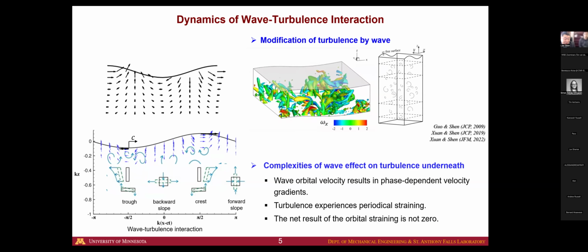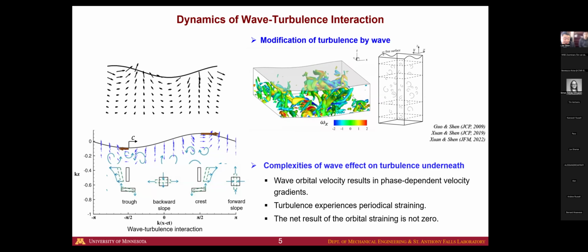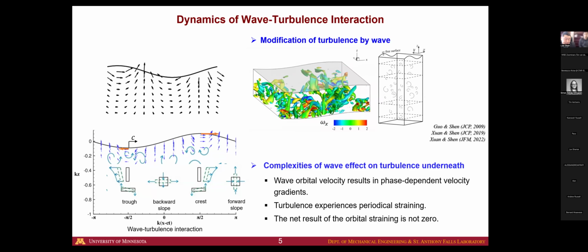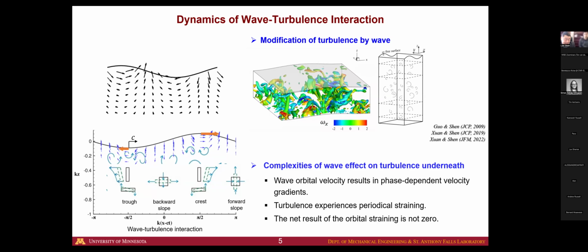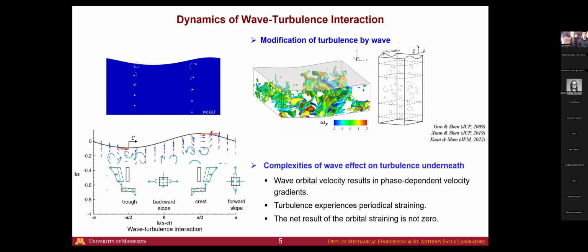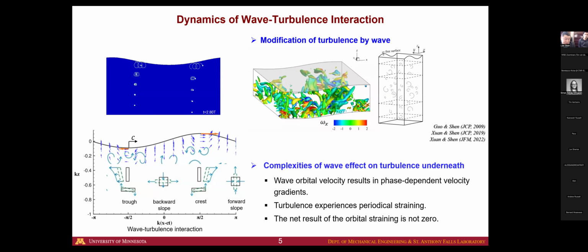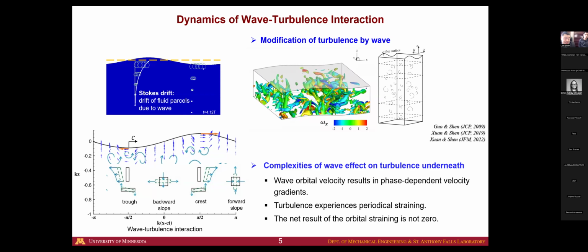We all know in this case the wave propagates from left to right, and the orbital velocity at the wave crest to the right is larger than the orbital velocity at the wave trough to the left, and then the net effect is this Stokes drift in terms of momentum transfer. These are very well-known concepts.